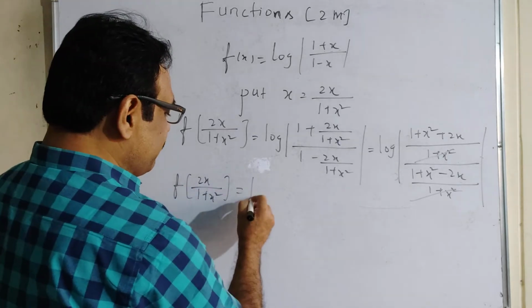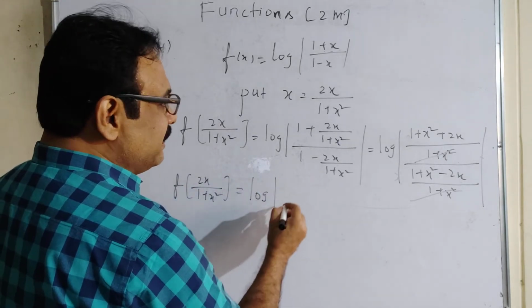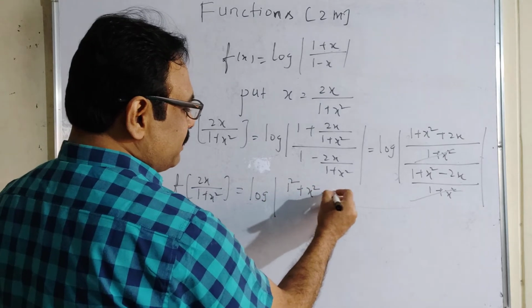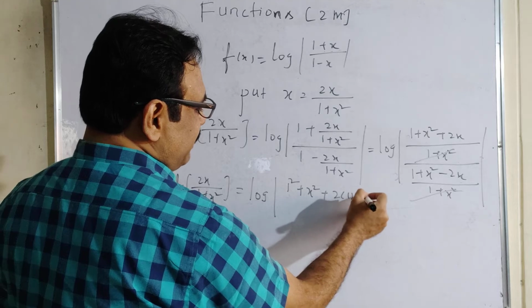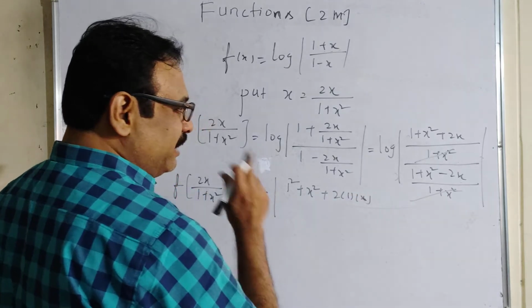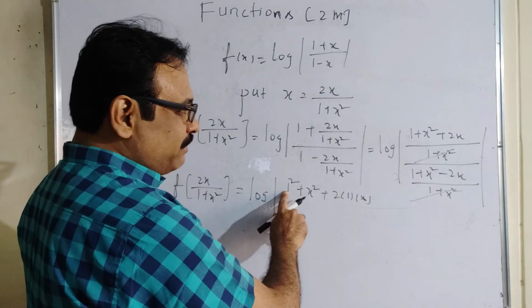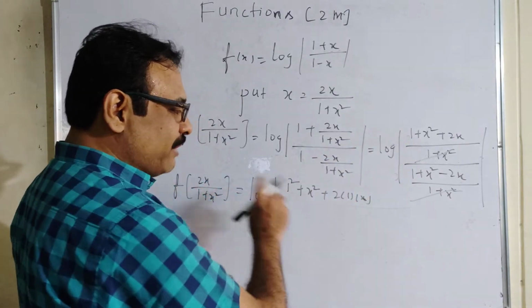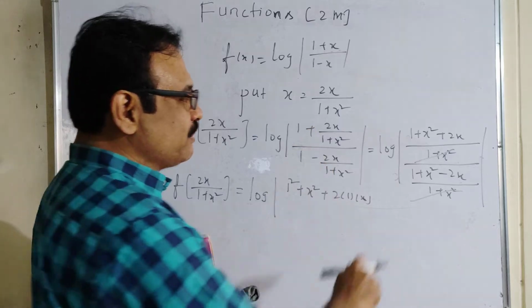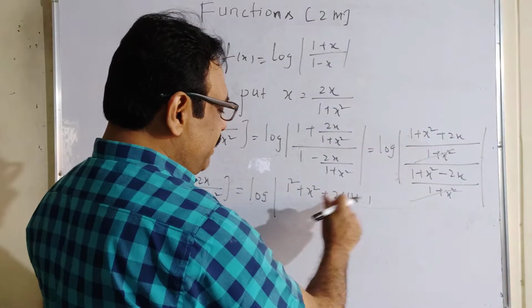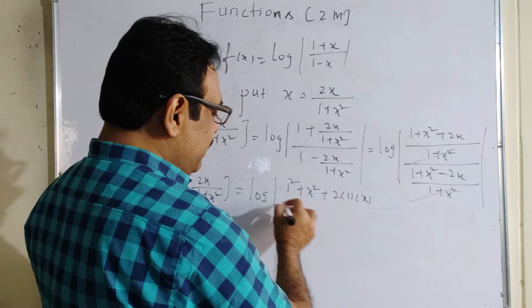The result is nothing but you can write this as 1 square plus x square plus 2 into 1 into x. It is very simple: you are writing 1 in the form of 1 square, that is a square, plus x square, that is b square, plus 2ab, 2 into 1 into x.